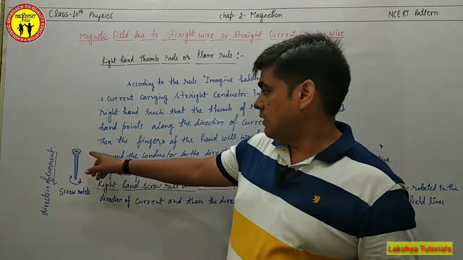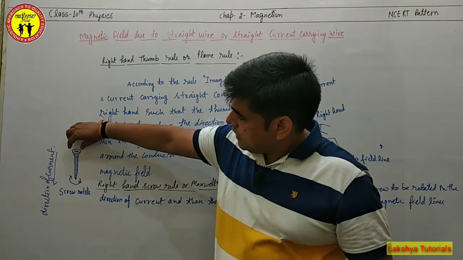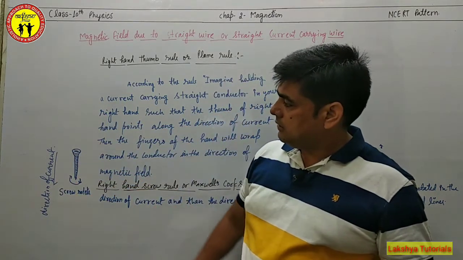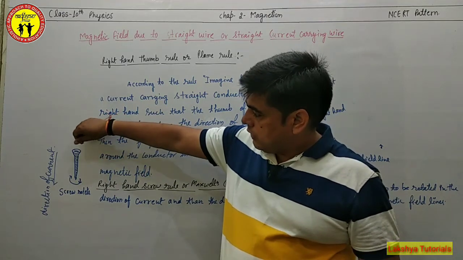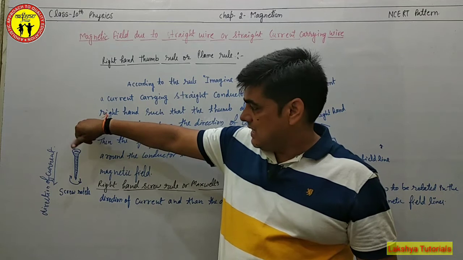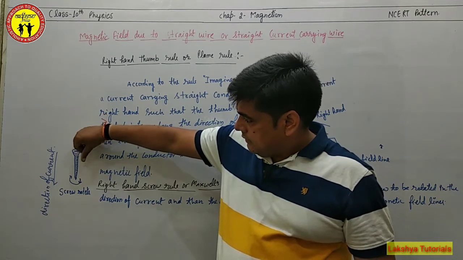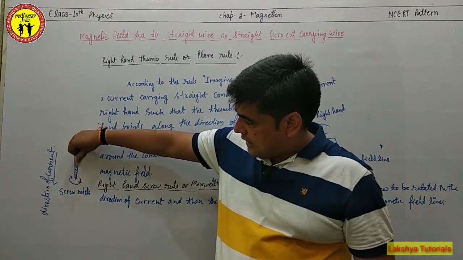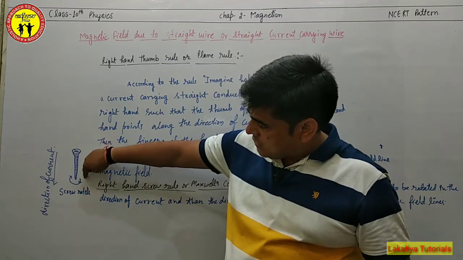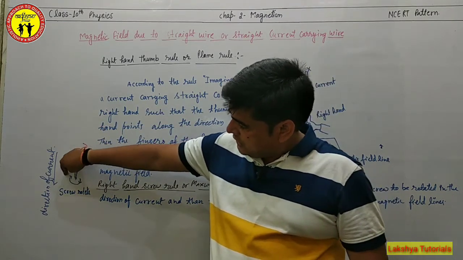Let us consider, look here, this is a screw and this is the direction of current towards downside, and when you rotate this screw with the right hand like this, then the thumb is moving towards this side, ना? ये इधर मूव करेगा. So the screw rotates in this direction.